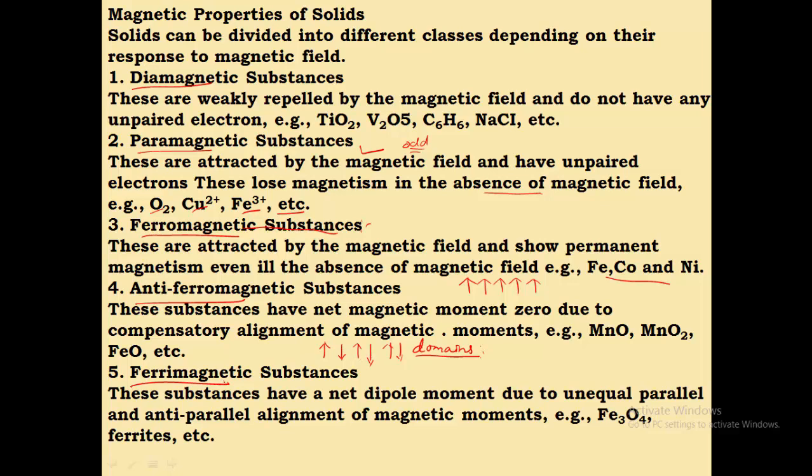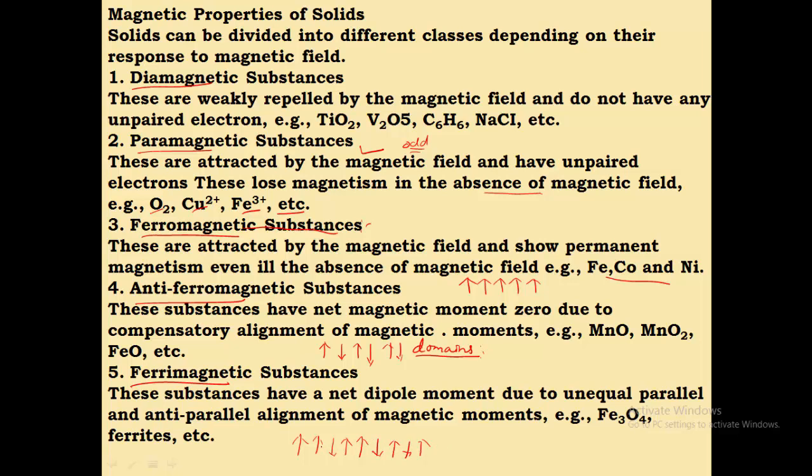And the next one is ferrimagnetic substance. These substances have a net dipole moment due to unequal parallel and anti-parallel alignment of magnetic moments. So here the net magnetic moment is there due to the parallel and anti-parallel alignment of the domains, and you can represent those arrangements in this manner.